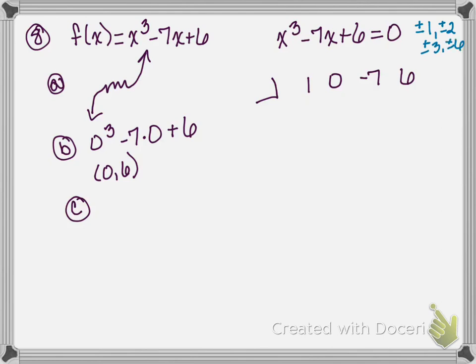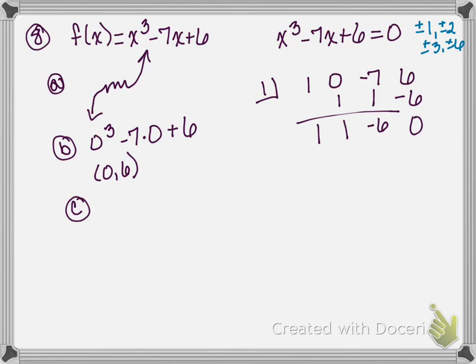Now, just for the sake of time, I'm going to pull a 2 out. Actually, 1 would work too. We'll do 1, because that's probably where we would start, positive 1. So I'm going to pull my 1 down. 1 times 1 is 1. 0 plus 1 is 1. 1 times 1 is 1. Negative 7 plus 1 is negative 6. So don't forget that 1 is a solution.